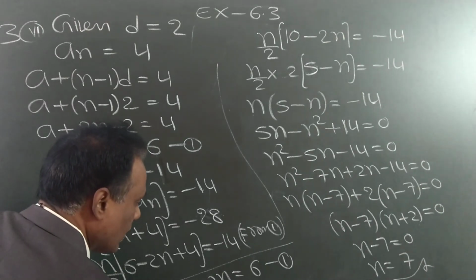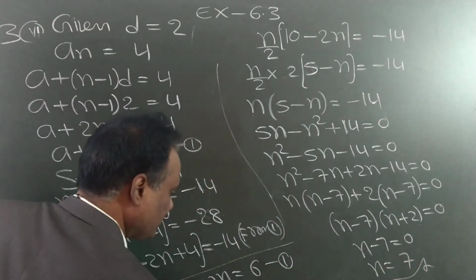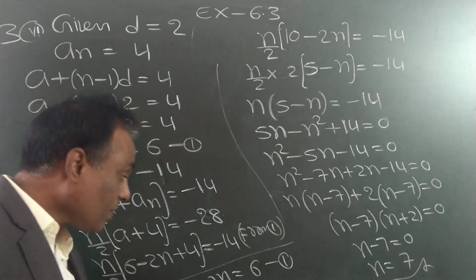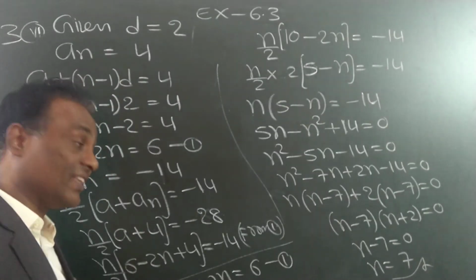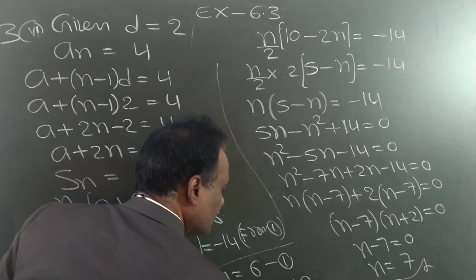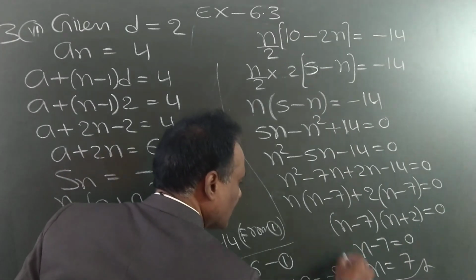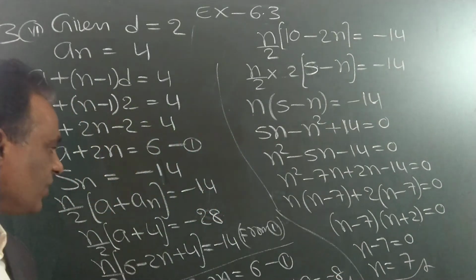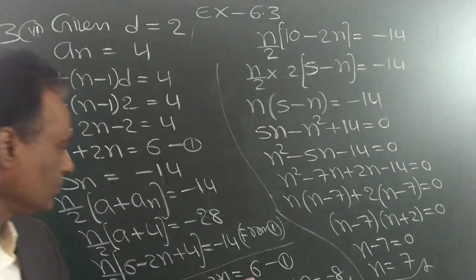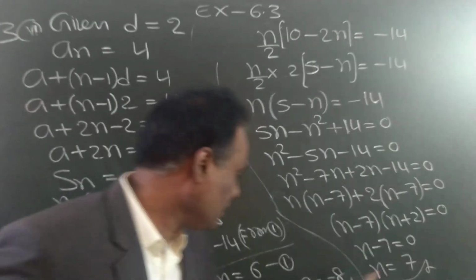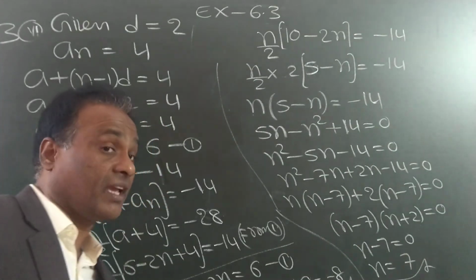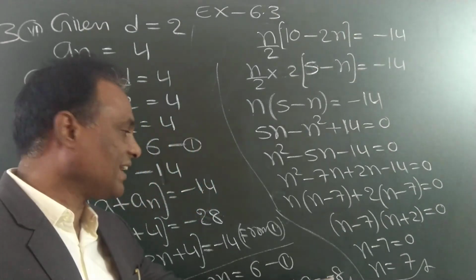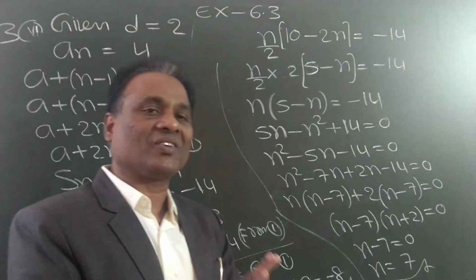A plus 2 into 7, 2 sevens are 14, 6 minus 14 is minus 8. So a is minus 8, n is 7. Over.